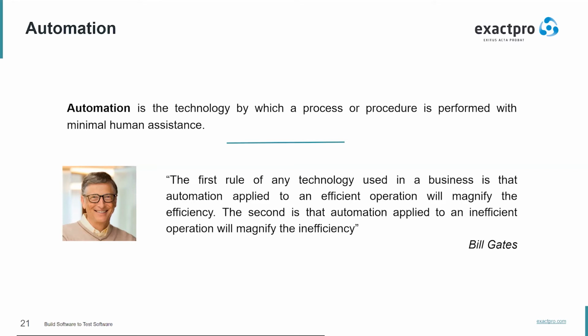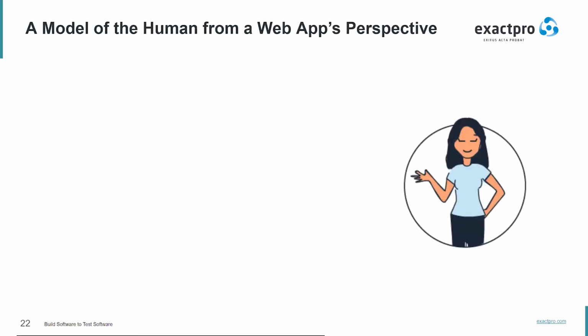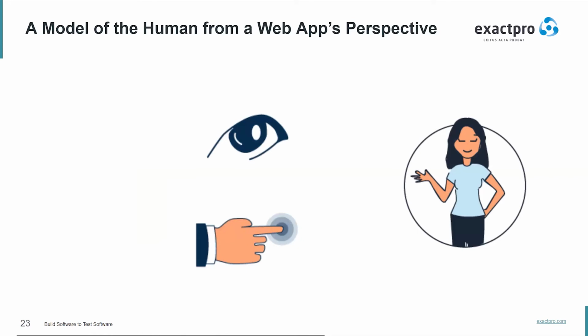So how challenging is it to emulate a human being? Let's take a look at this question from the point of view of the web application. If we try to imagine the simplified model of a human being as seen from the point of view of a web application, a human being is pretty simple and consists of two components.